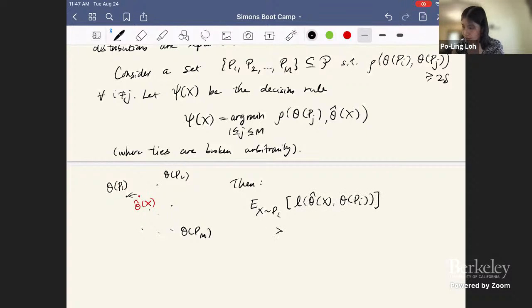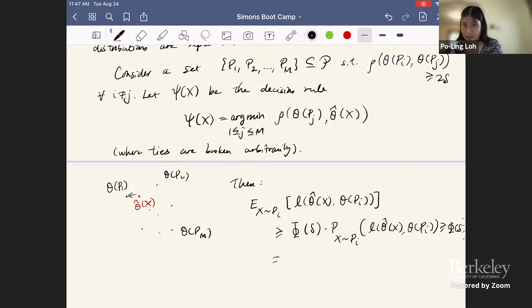And this is going to be greater than or equal to phi of delta times the probability. So here we're applying Markov's inequality. Probability that L of theta hat of x, theta of P_i is bigger than or equal to phi of delta.